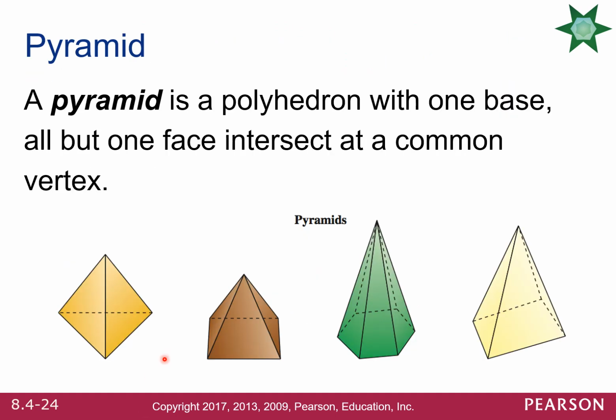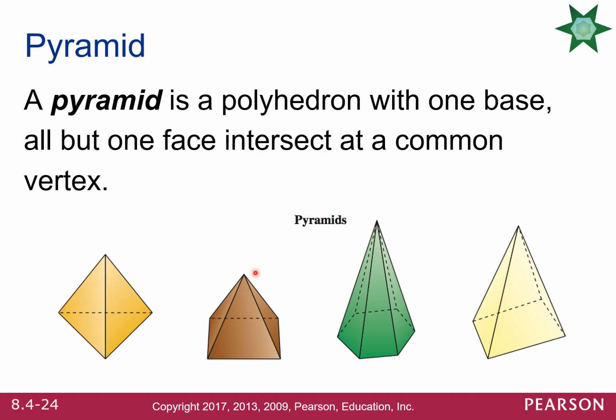Now we will look at a figure that's a pyramid. What is the property of a pyramid? It is a polyhedron with one base, and all but one face intersect at a common vertex. So you see over here that all these sides of the pyramid intersect at a common point up here, except the base at the bottom.